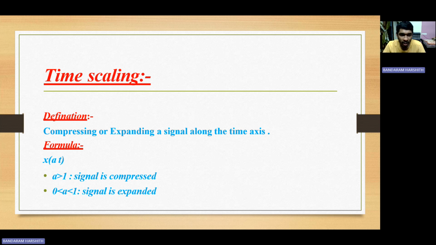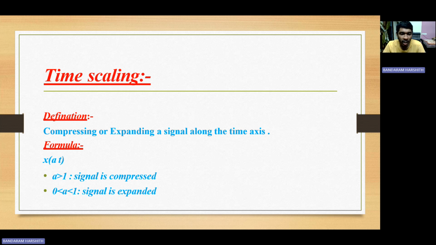For example, we have a signal, but we want its frequency to be increased or decreased, or it is a periodic signal and we want to increase or decrease its periodicity. Then we are going to use this time scaling formula, x of at.